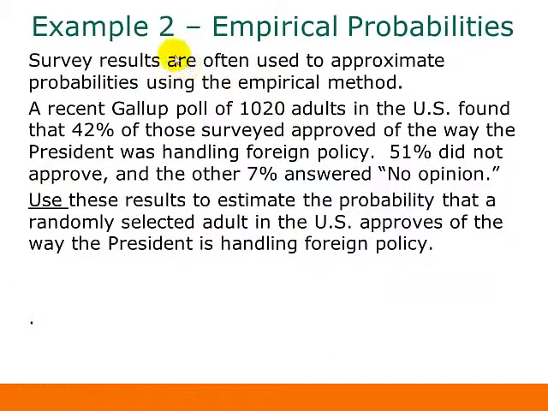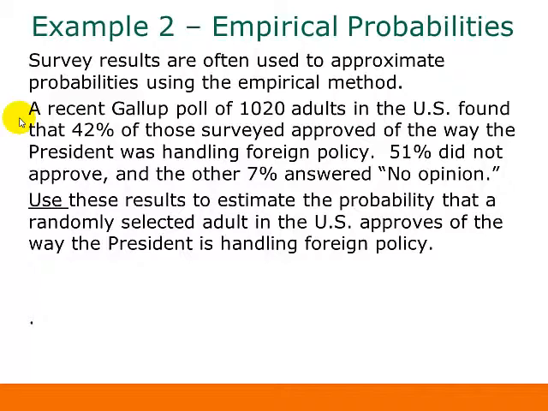Here's another example. Survey results are often used to approximate probabilities using this empirical method. So we have a recent Gallup poll of 1,020 adults in the United States that found that 42% of those surveyed approved of the way the president was handling foreign policy. 51% did not answer no opinion.